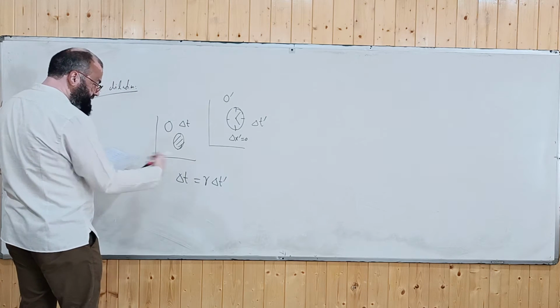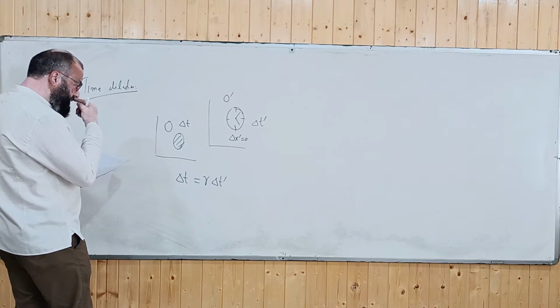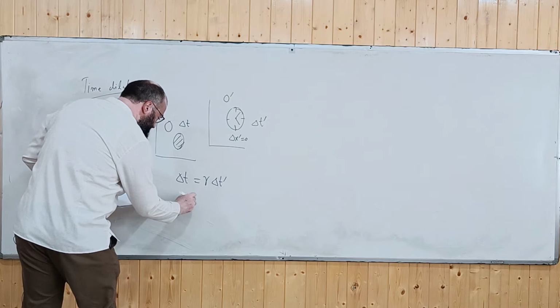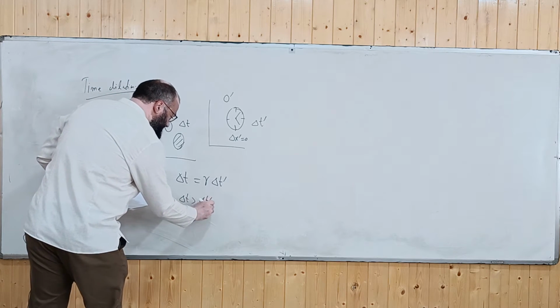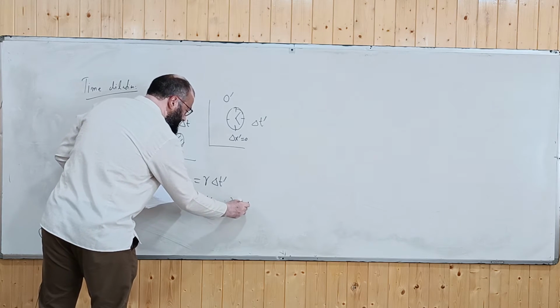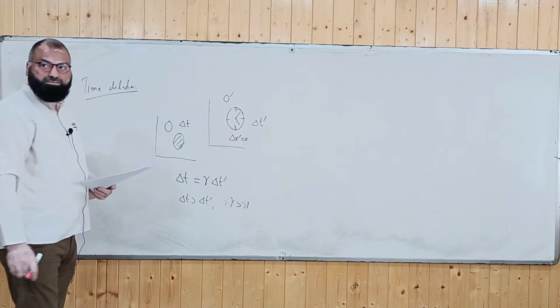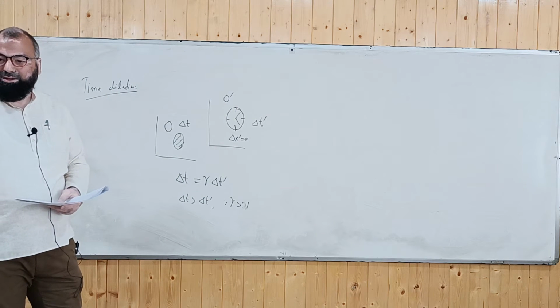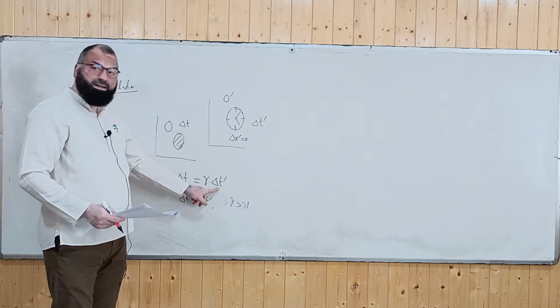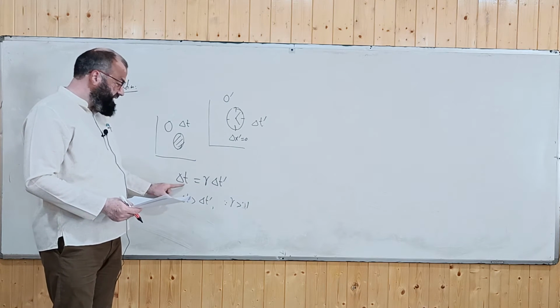We'll give an argument for how to prove it. It says this delta t is larger than delta t prime, since gamma is greater than 1 for finite velocity. We call delta t prime the proper time, and we call delta t the coordinate time.